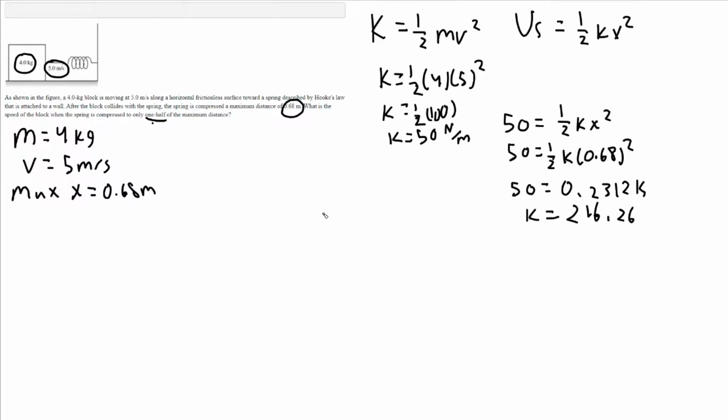Okay, so now that we know this, we have to figure out what the speed is, because we have our information for this. So now that we've done the US equation, we have to figure out what the K equation is for this.